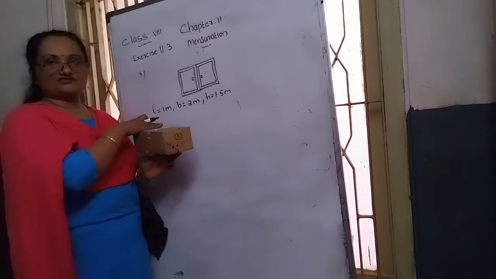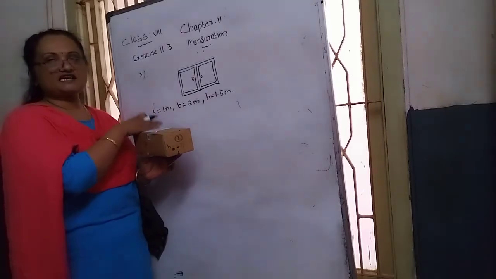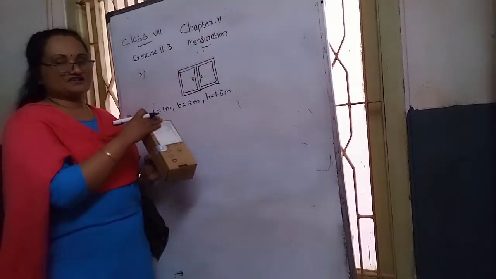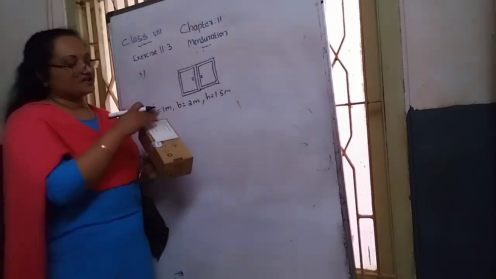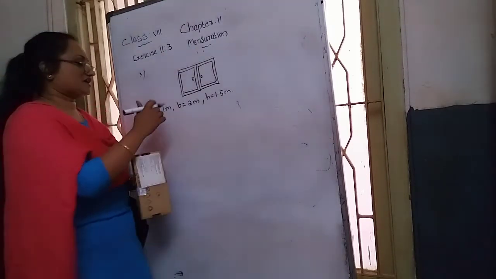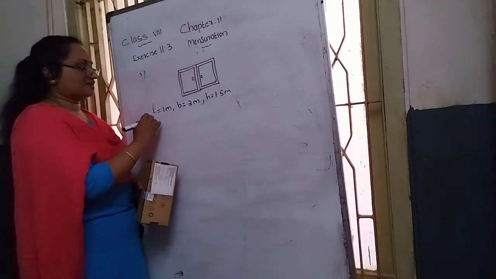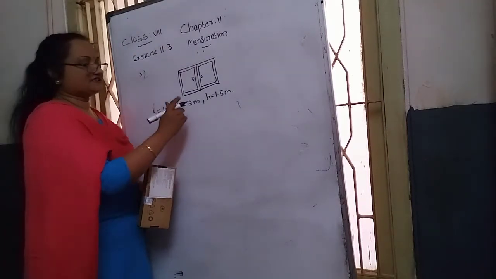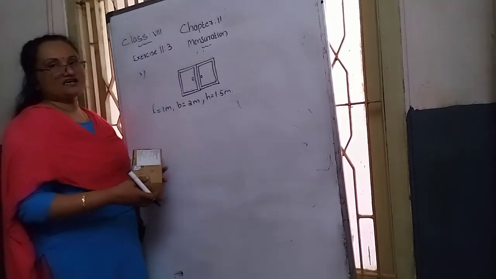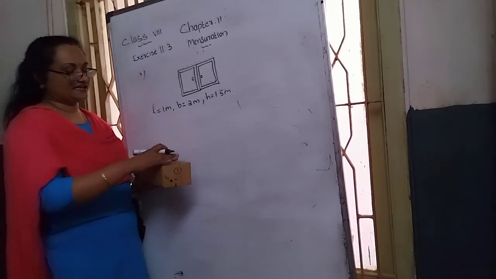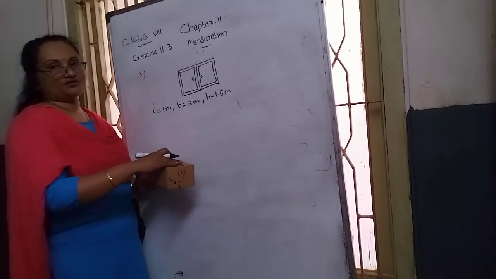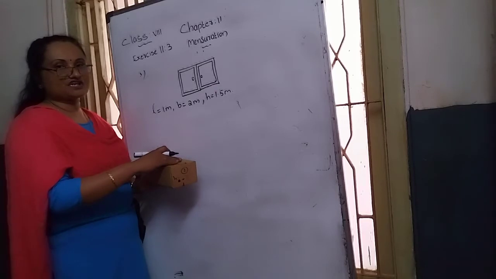And the top part of the cabinet is also painted. The top is in which shape? A rectangle shape, so the area of the rectangle. So what do we want to do first? We add the LSA of the cuboid with the top part, which is a rectangle.